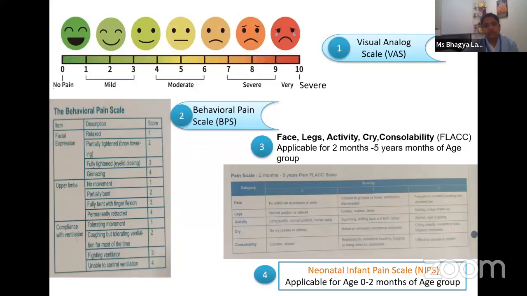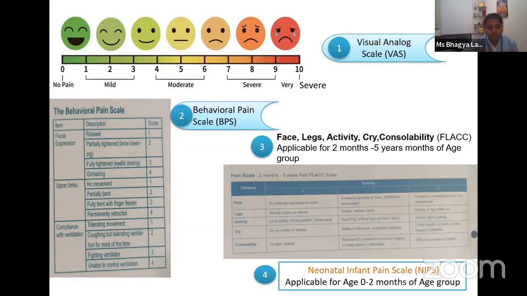The second scale which I'm showing is the behavioral pain scale. This is applicable for the patient who cannot verbally communicate, to whom we have to assess the pain by using the behavioral pain scale. What are the parameters we have to assess? One is facial expressions, where we see whether it is relaxed, partially tightened, fully tightened, or grimacing.